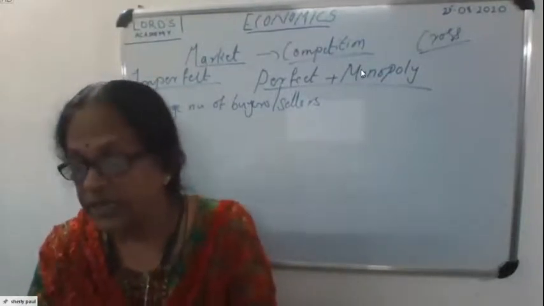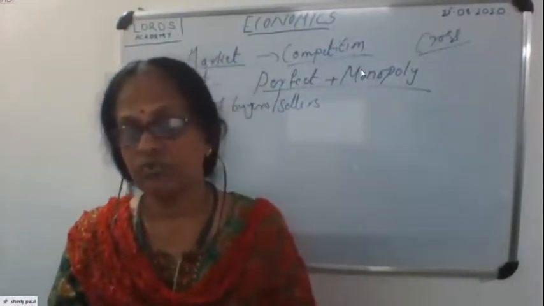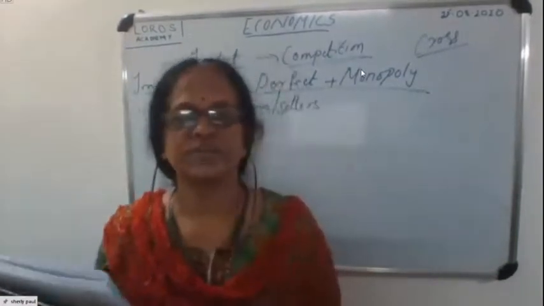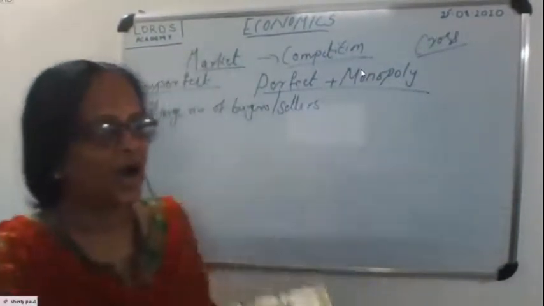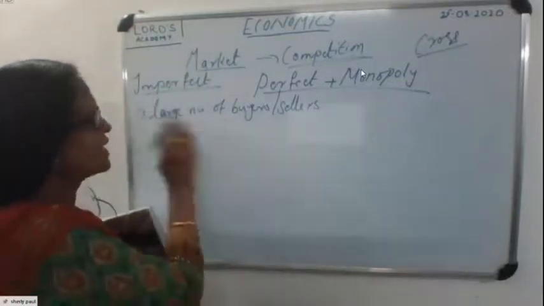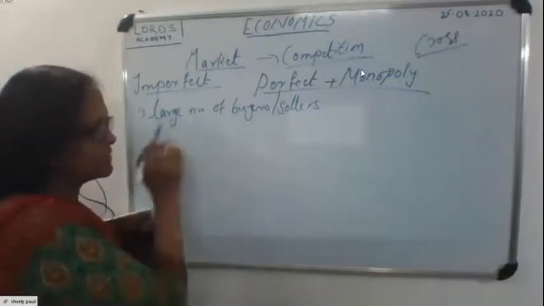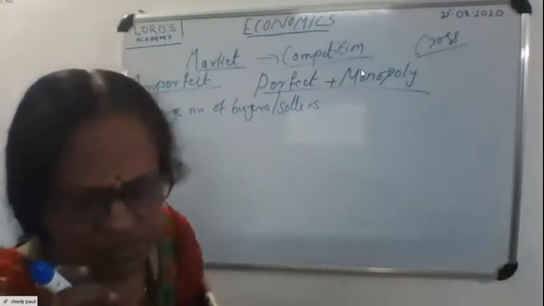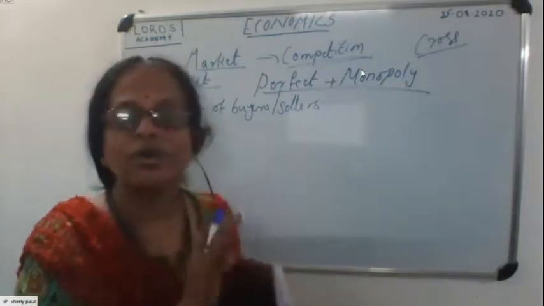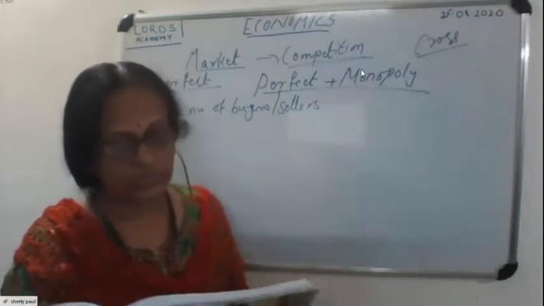In particular, each firm has hundreds or even thousands of potential competitors. Some influence is there. Here, relatively large number of buyers and sellers, but these buyers and sellers have very small influence in the market. But in perfect competition, they cannot influence the market. That is the difference. The word relatively is important.